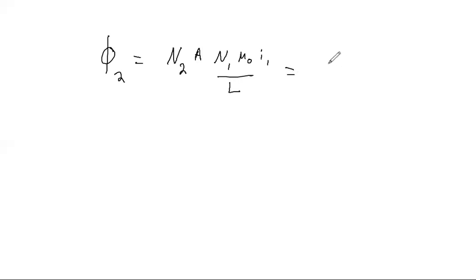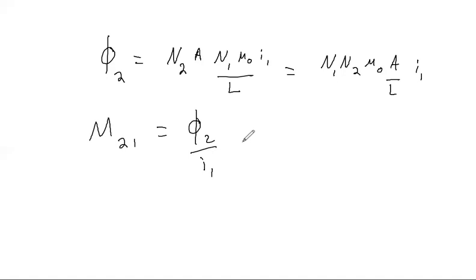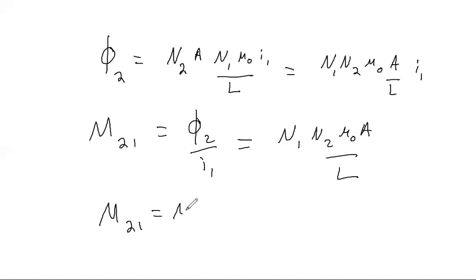So I can rewrite that as N1 N2 mu naught A over L times I1. The mutual inductance of 1 on 2 is phi 2 divided by I1, which is simply N1 N2 mu naught A over L. And you'll notice this final result is completely symmetric between 1 and 2, and it turns out the mutual inductance of 1 on 2 is the same as the mutual inductance of 2 on 1.